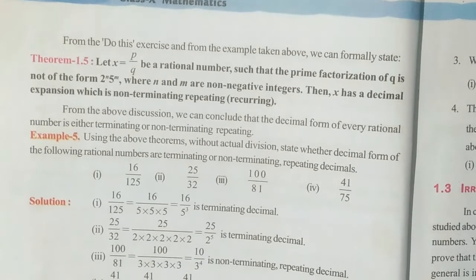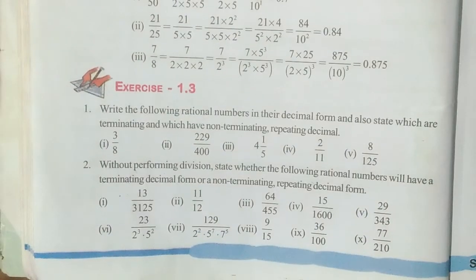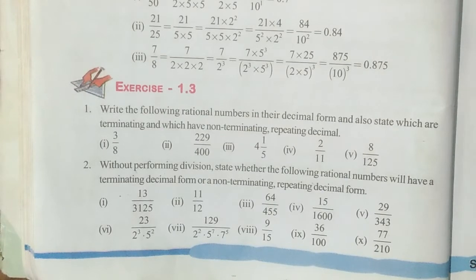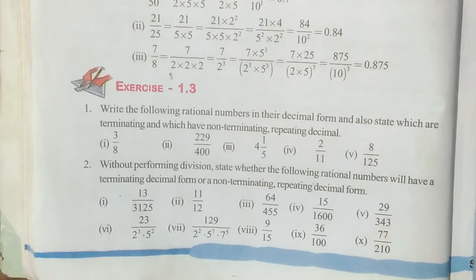So now we are going to do exercise problems. Exercise 1.3. What is the first question? Write the following rational numbers in their decimal form and also state which are terminating and which have non-terminating repeating decimal expansions.